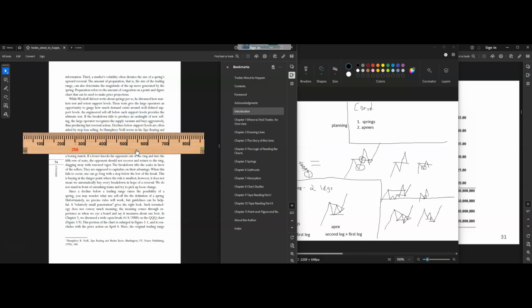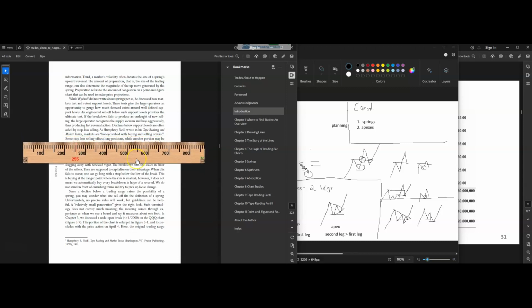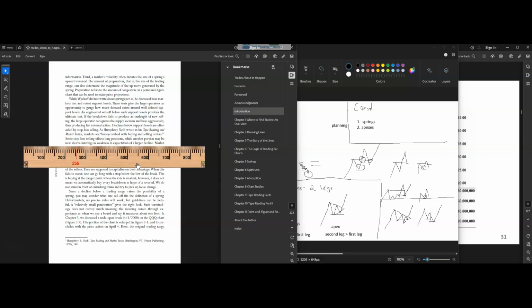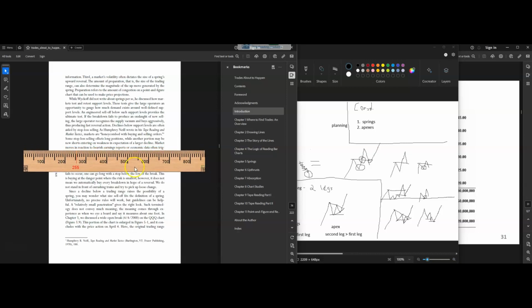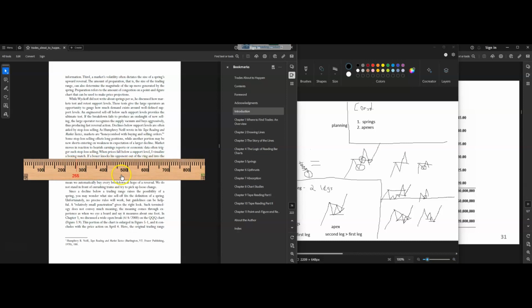Declines below support levels are often aided by stop loss selling. Some stop loss selling offsets long positions, while another portion may be new shorts entering the market in reaction to bearish news. When prices fall below a support level, I visualize a boxing match.